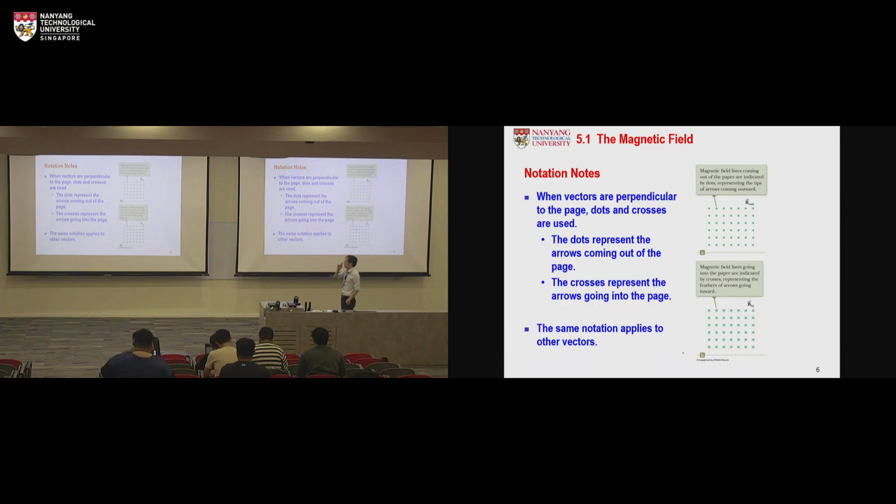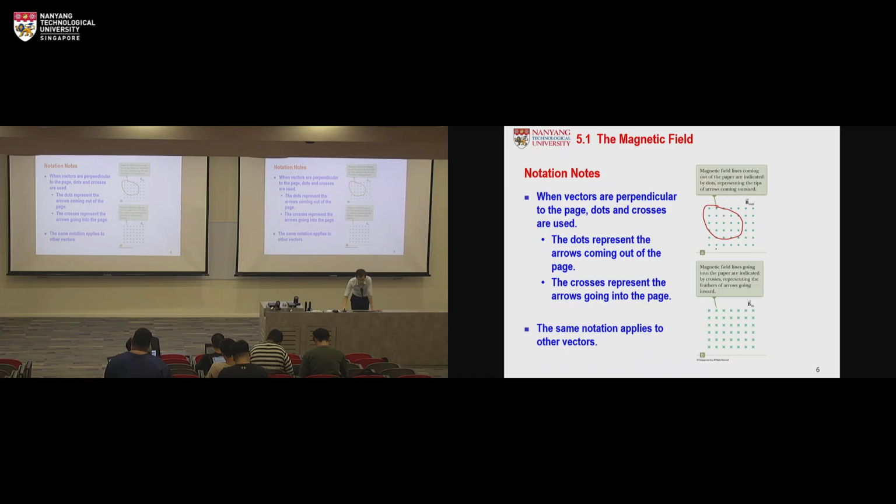And here's some notation for you to know, because now we actually involve 3 directions. In practice, we all label this direction consistently, and we come up with this kind of notation. This array of dots means the direction pointing out of the page, perpendicular to the page, out of plane.